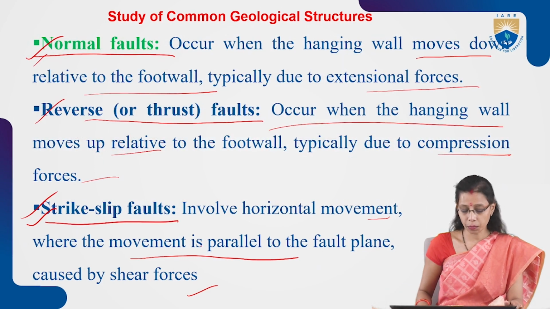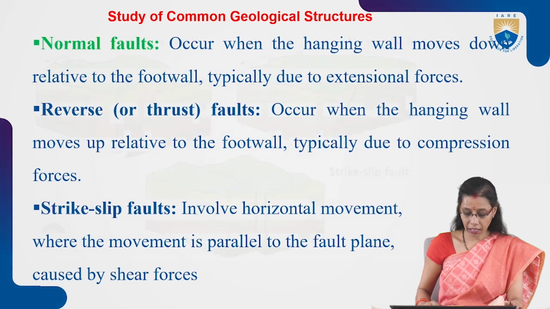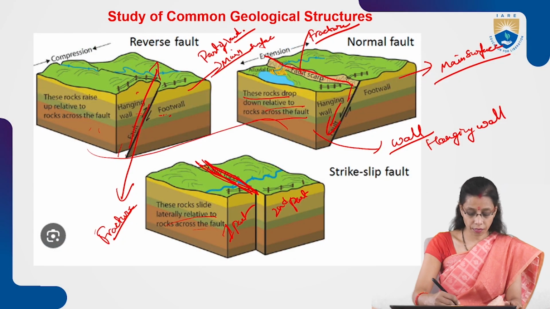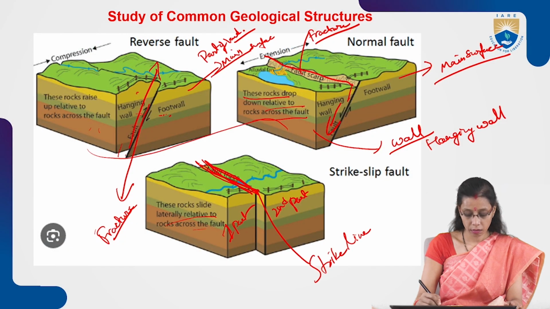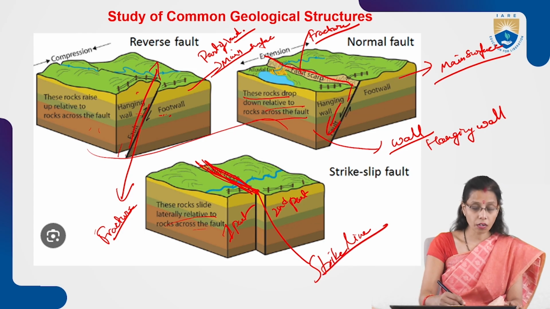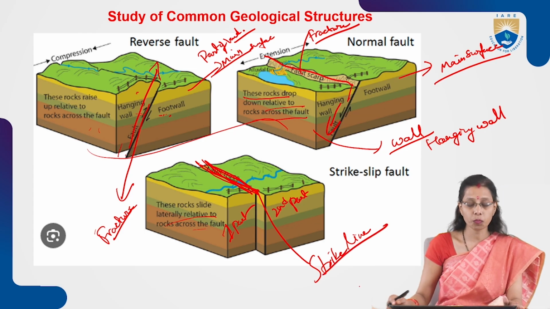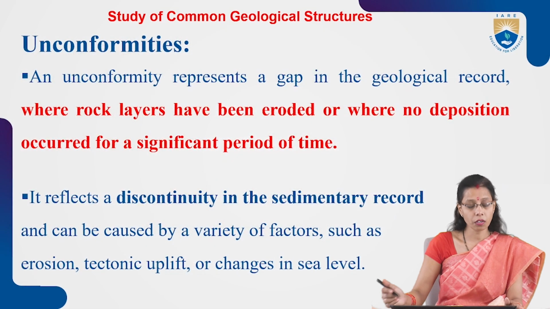Strike slip means you have the strike line, and it just crosses the strike line and moves. That we call a strike slip fault.